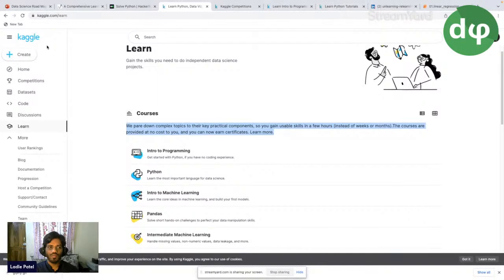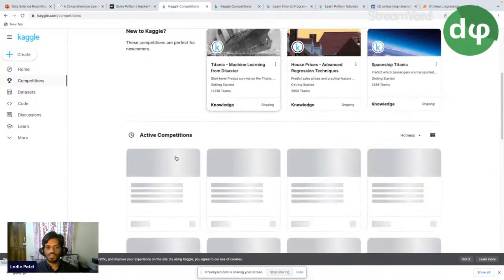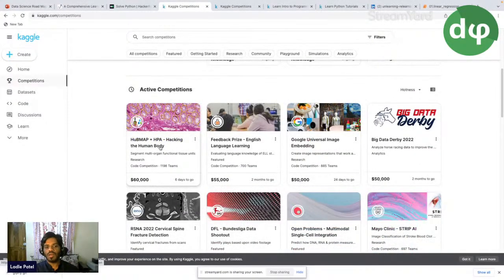If you go to competitions, there are active competitions with real-time problems, you can pair up with folks, you can learn from them, and you have the real-time data set, and you are also rewarded. Again, you don't have to win, but if your rank is very good, you can show that, and this will help you in getting a good job as well.